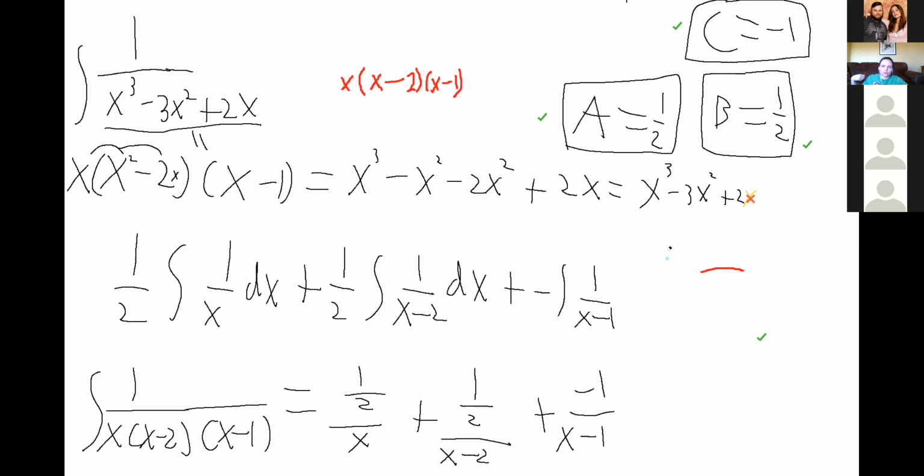Let me remove this little red squiggle real quick. Okay, there you go.